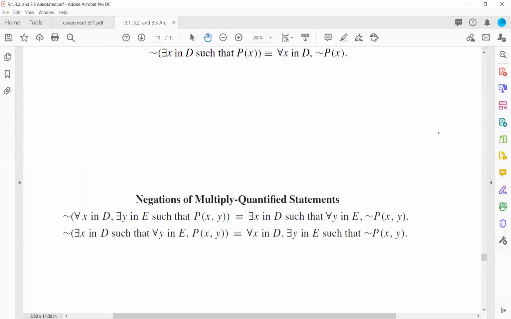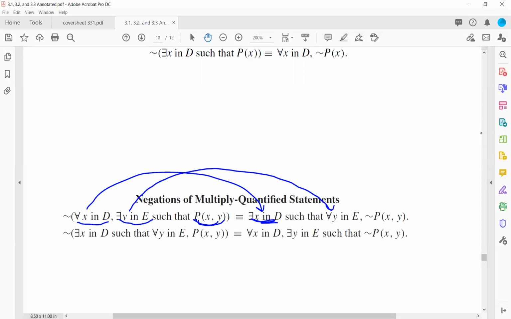Very well. The negation of for any x there exists y, P of x and y, is equivalent to saying that there is. So the negation of for all is going to be there exists. The negation of there exists is going to be for all, and the negation of your original statement.